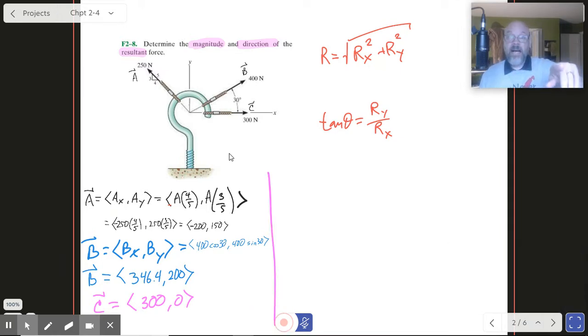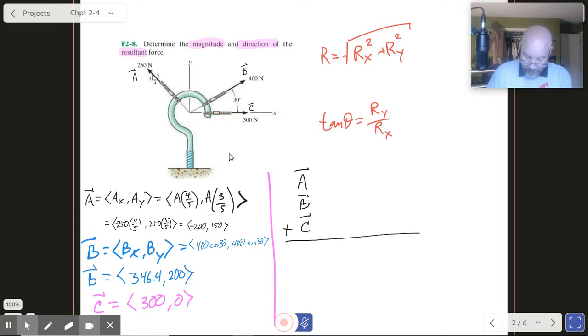Because now I've got to get Rx and Ry. Remember, that's our goal. If we get Rx and Ry, then we're good to go. So how do I do that? Well, what I'm going to do is add up my vectors. So I've got vector A, B, and C. I'm going to add those guys up, and they're going to give me R.